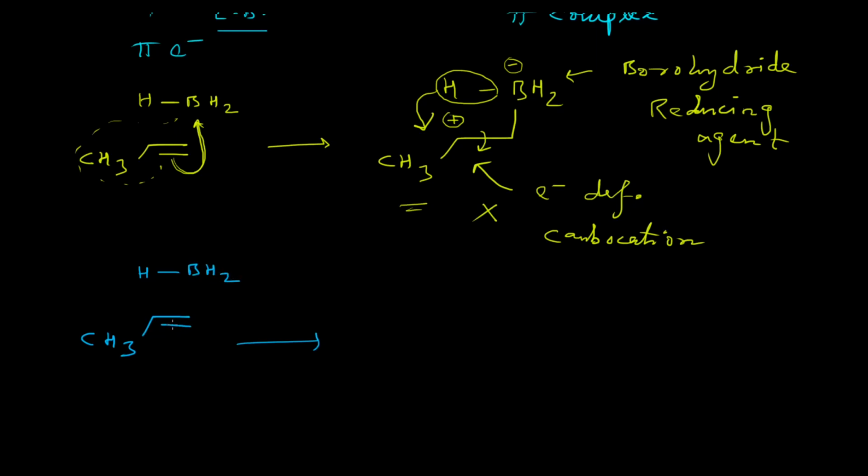So if we consider the breaking of this double bond in this fashion, it will attack this boron center, and as soon as this boron center is attacked by this double bond, it will immediately release one hydride which will attack this carbon center, and this will lead to the formation of this transition state.